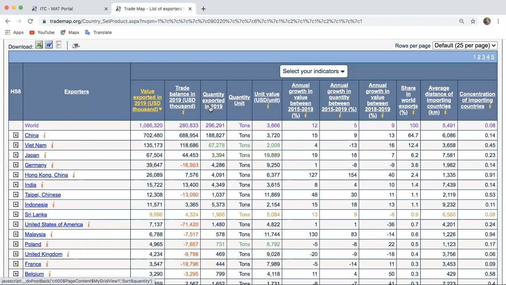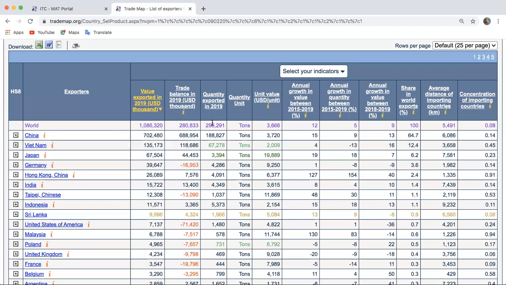The fourth column at this point, we see the quantity exported in 2019. So this is also interesting to see. Most of the time, this is in tons, but that next column tells you in which quantity unit this is actually calculated.